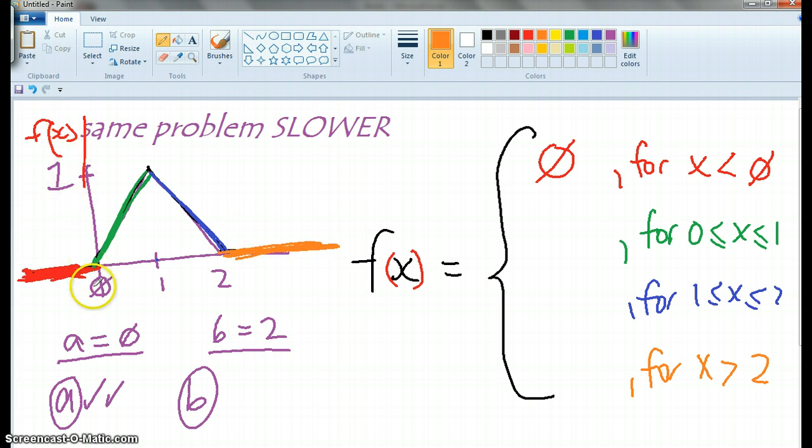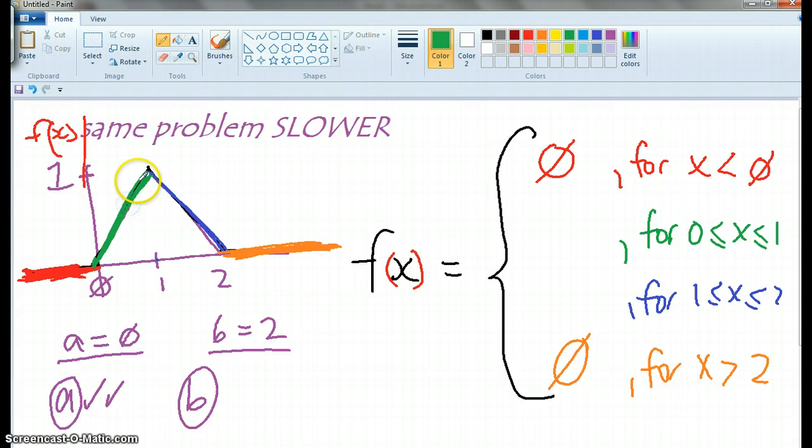F of x is the y-axis, so what's this? 0. Okay, so you could have alternatively, instead of having this and this, you could have gone 0 elsewhere, which is less mathematical in my thinking, but that's okay. Okay, so now we're looking at this piece here.